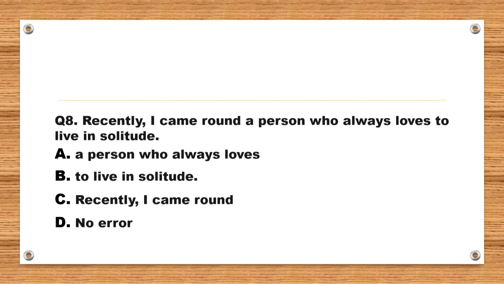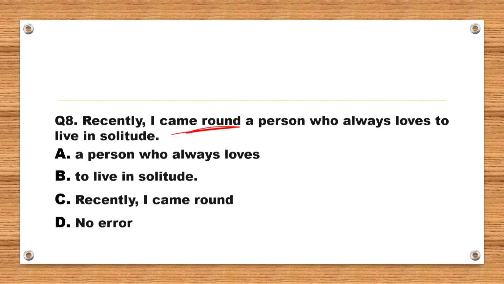Is it done? Let's tally. Recently, I came round a person who always loves to live in solitude. So basically, the error is in the phrasal verb came round. It means to accept someone's opinion, basically to agree with someone.